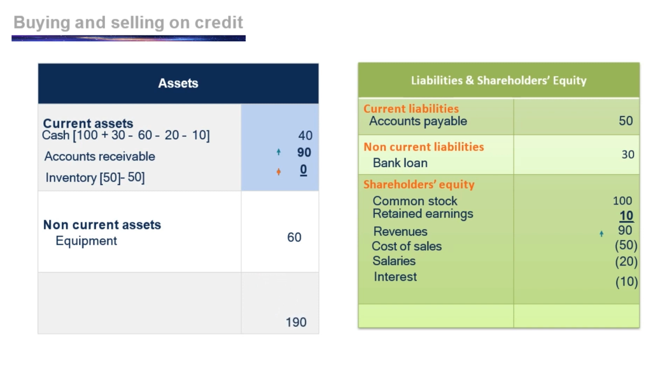And when we add up our liabilities and shareholders' equity, we have common stock 100 plus retained earnings of 10 plus 30 bank loan plus 50 accounts payable liability, we still are balancing at 190. And that's how you record transactions that deal with buying and selling on credit. And this is how our balance sheet will look.